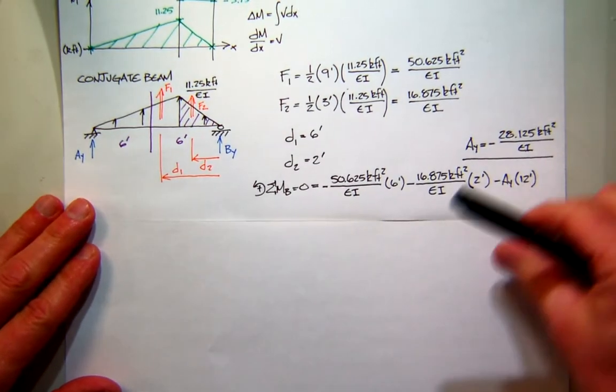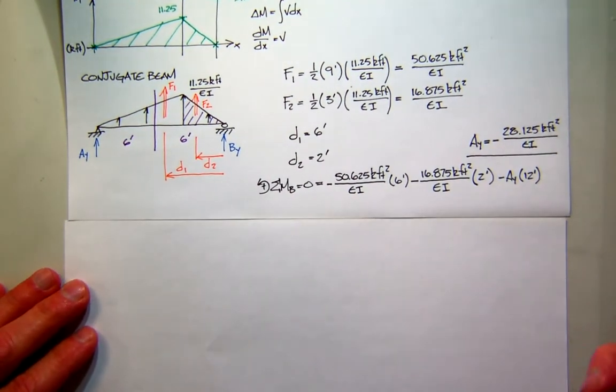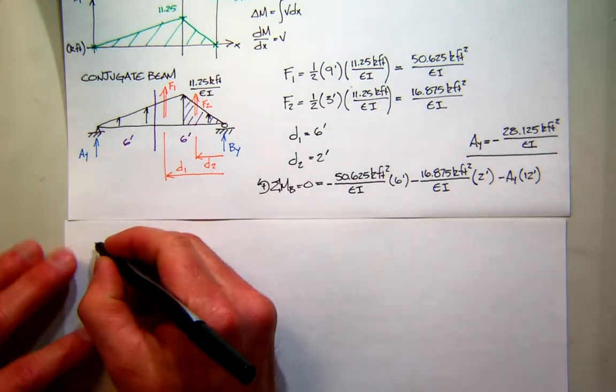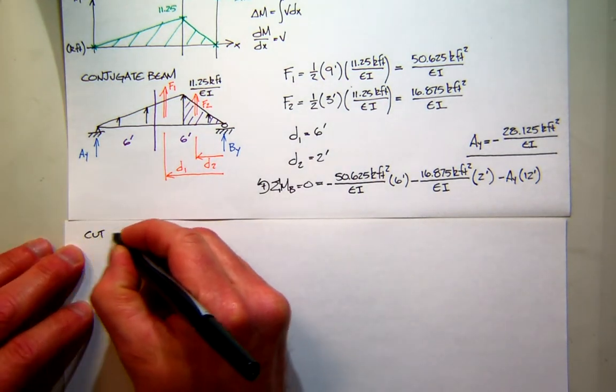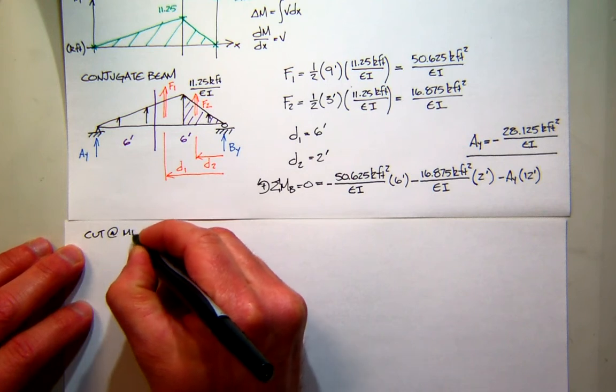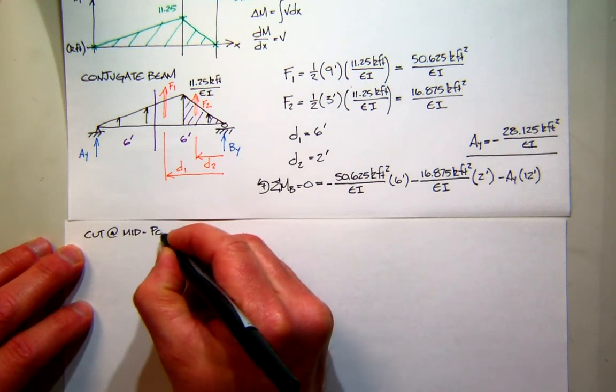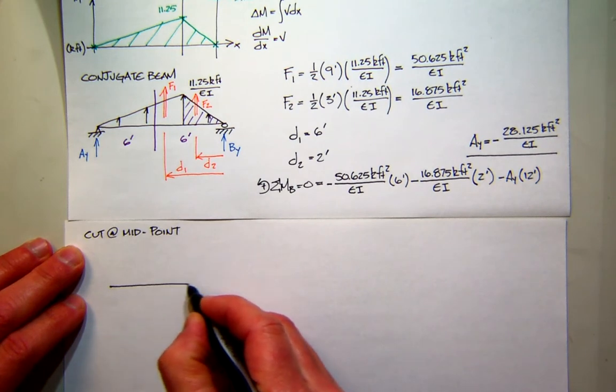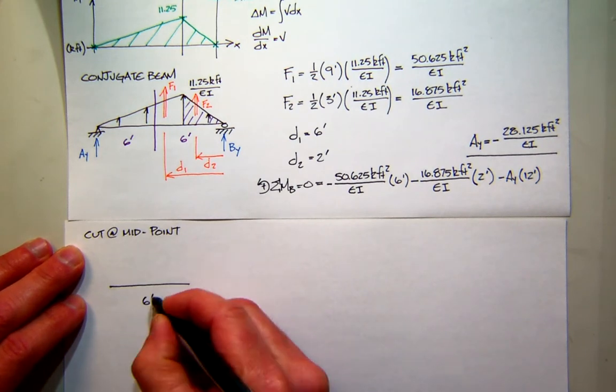So what comes next? Well, now I come back and I actually make a cut at the midpoint. So here's my beam. I cut at the midpoint, which is 6.